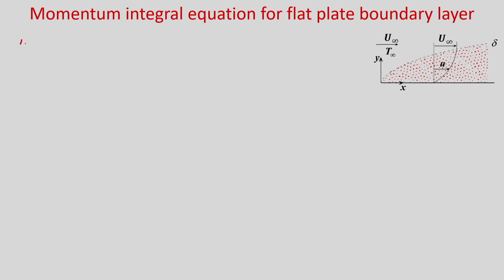So, on the left hand side we have all the terms: integral 0 to delta of half del u square by del x dy, plus v u infinity, v delta, plus integral 0 to delta of half del u square by del x into dy.